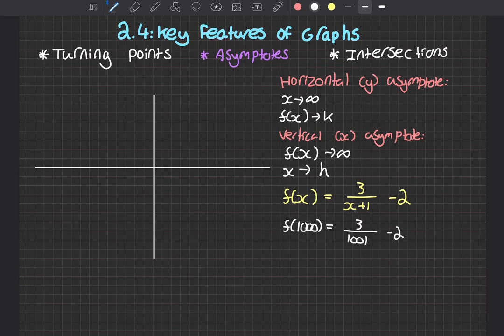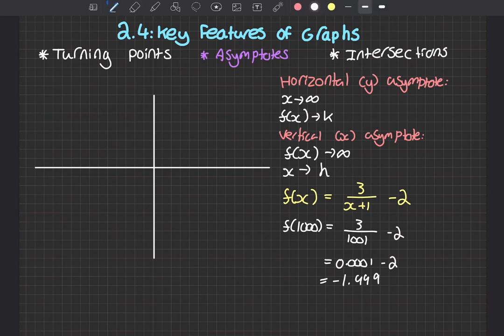And 3 over 1001 will just be a very, very small number, so let's say it's like 0.0001 or something, minus 2. And therefore, your y value, or your function of 1000, is going to be like negative 1.9998. Or, sorry, 1.999.